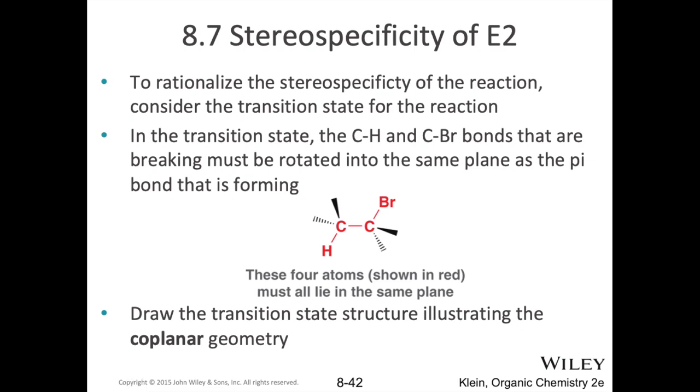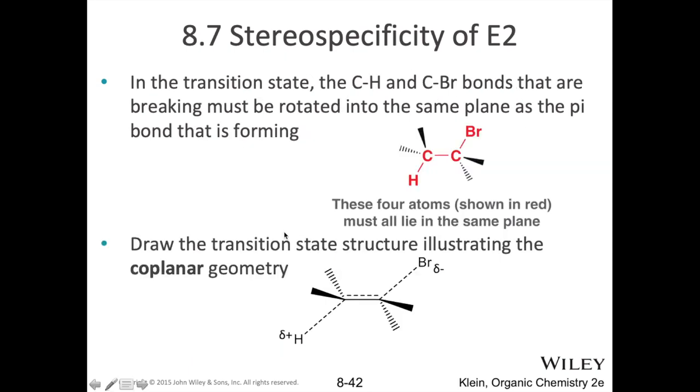But typically the transition state you want for this has to have everything in the same plane. This allows orbital overlap. So it looks kind of like this, where your bonds are breaking and, in the case of your pi bond, forming. For the orbitals involved there has to be an overlap, and so everything needs to be coplanar, in the same plane.